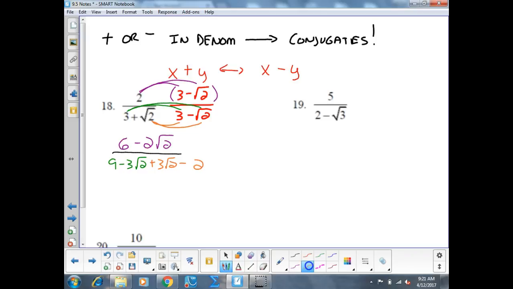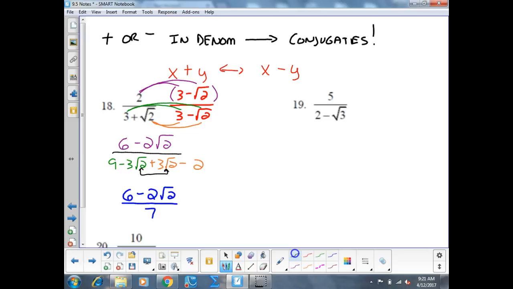What do I know about these middle two terms? They cancel each other out, so that leaves me with 6 minus 2 square roots of 2 all over 7. Now I have to ask myself, is there anything that goes into 6, 2, and 7?